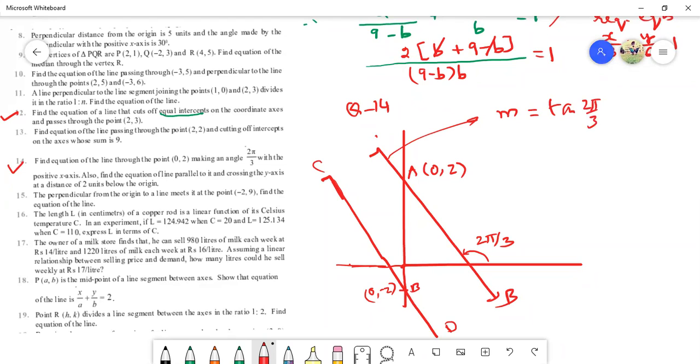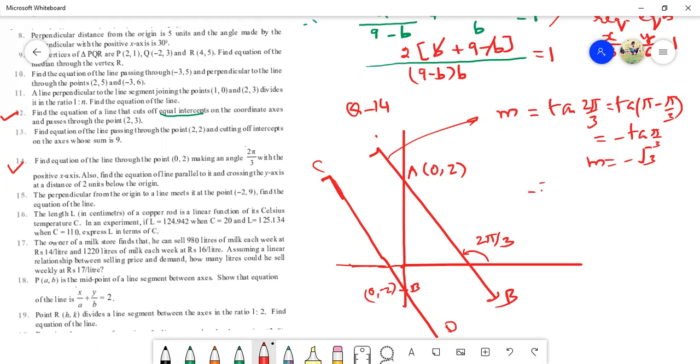Tan 2 pi by 3 can be written as tan pi minus pi by 3. Tan 180 minus theta, second quadrant, is minus tan theta. So this will be equal to minus tan pi by 3, and the value of tan pi by 3 is root 3. So this will become minus root 3. The gradient is minus root 3.